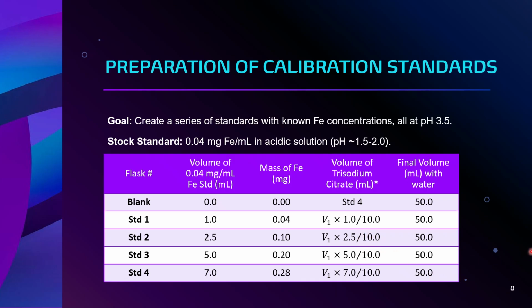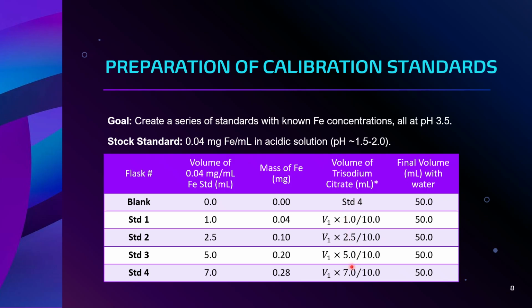This proportional volume will be calculated based on the V1 that we discussed in the last slide. V1 will be multiplied by 1.0 ml, the standard that you are going to make, and because the V1 value was calculated for 10 ml, this 10 would remain the same. The only thing that changes is the volume of your standard solution.